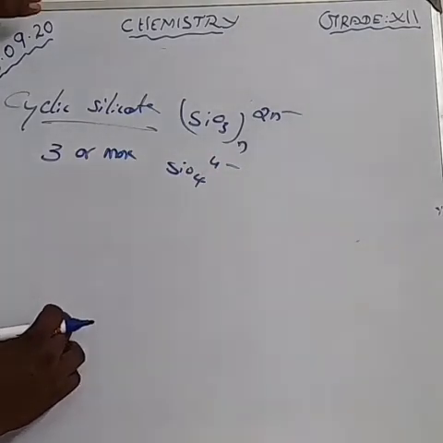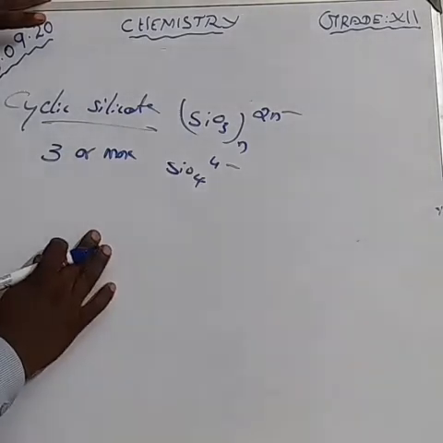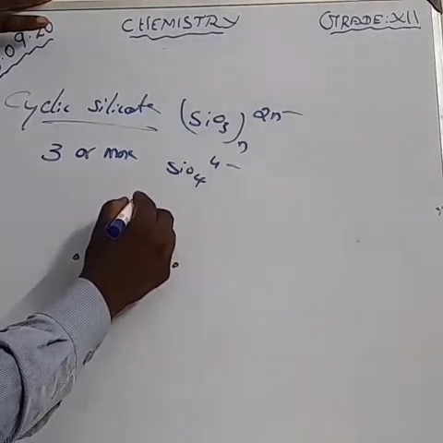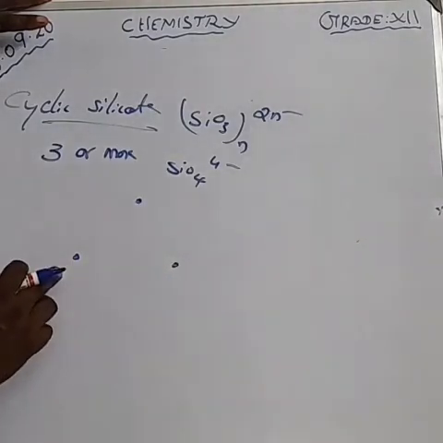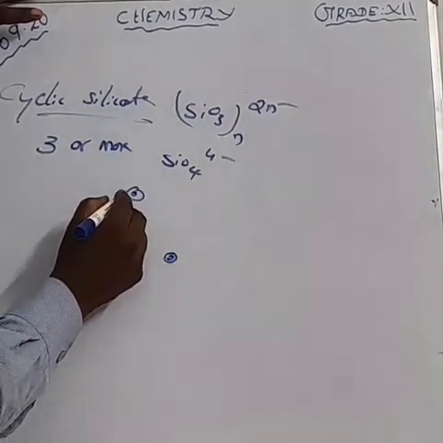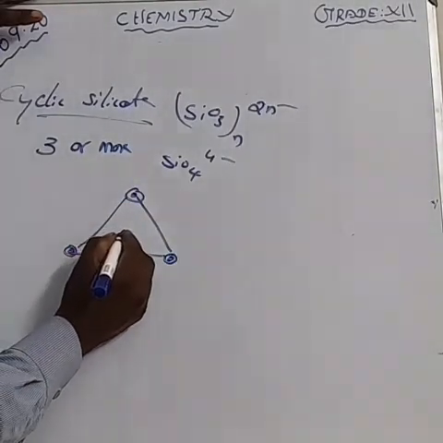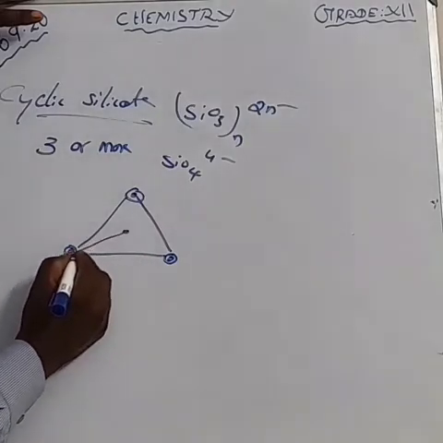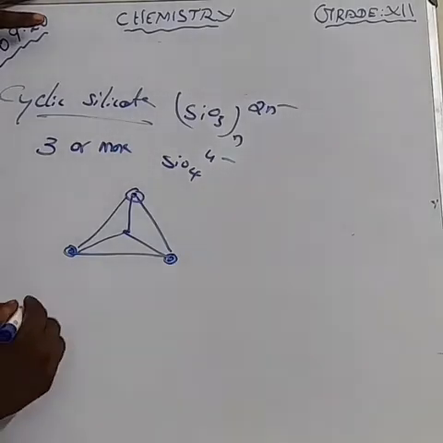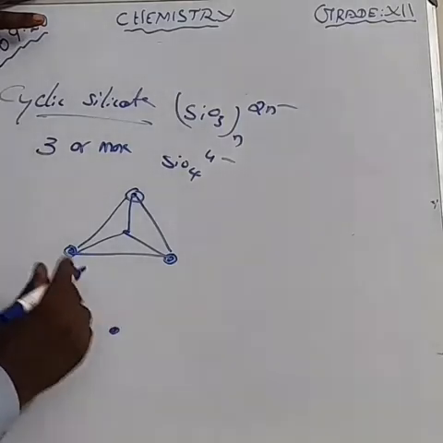For example, we draw a diagram. How can we draw the diagram? First, make dots here: 1, 2, 3. Imagine this is an oxygen atom. First join them. One diagram is over. The center is occupied by silicon. Next one: 1, 2, 3.